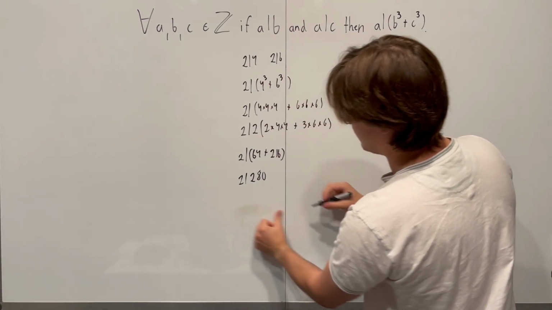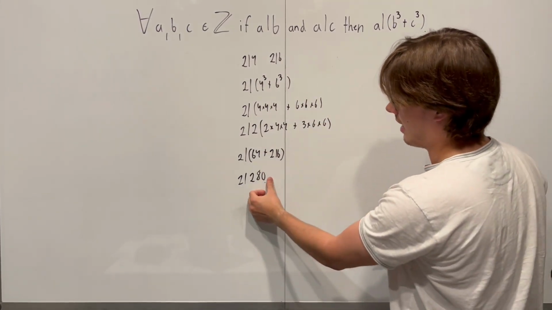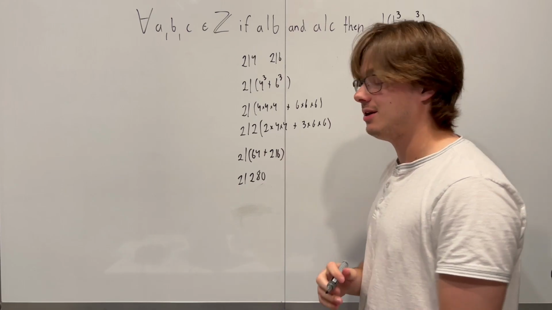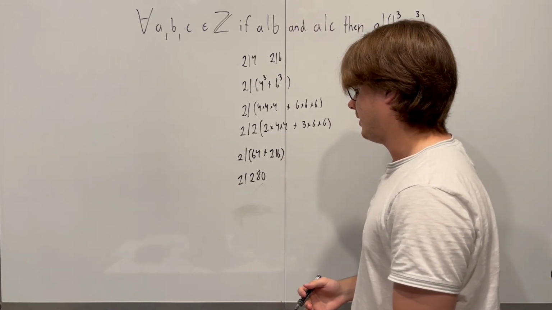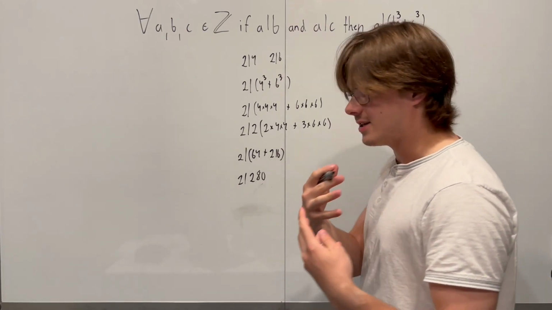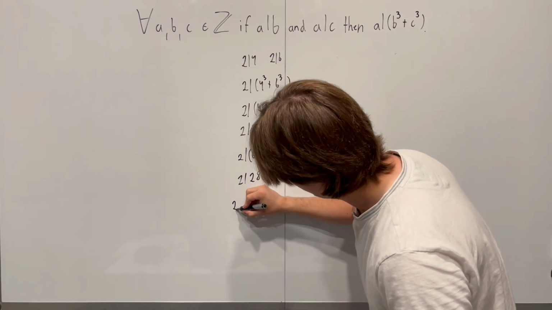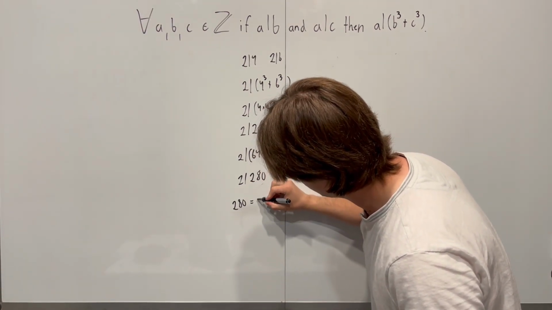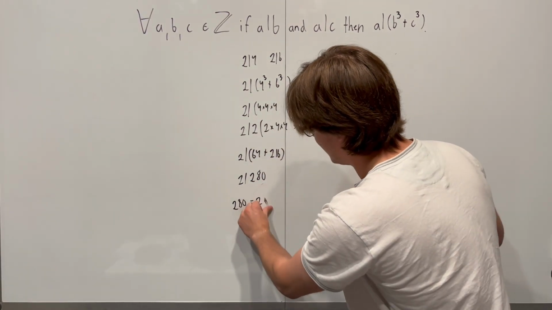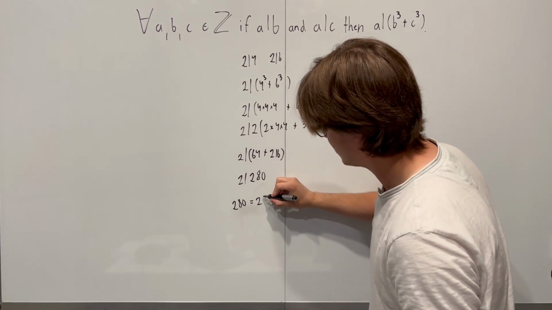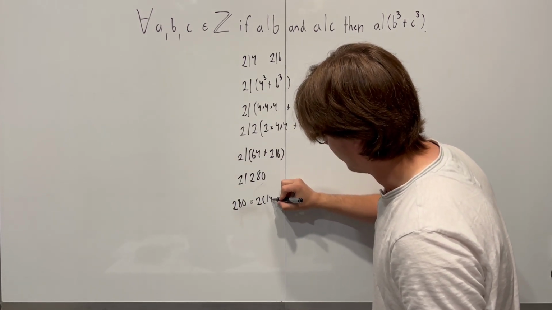Or more simply, this ends with a 0, and any integer ending with a 0 is going to be even, and all even integers are divisible by 2 by definition of even. So yep, this is true. 280 can be written as a multiple of 2 because 280 is equal to 2 times 140. So there we go.